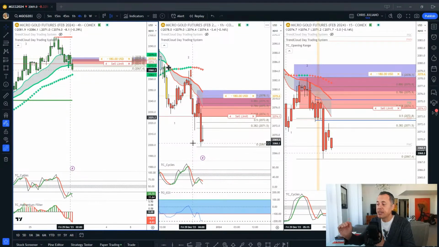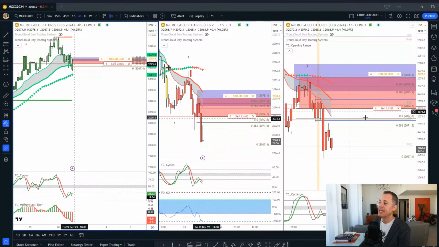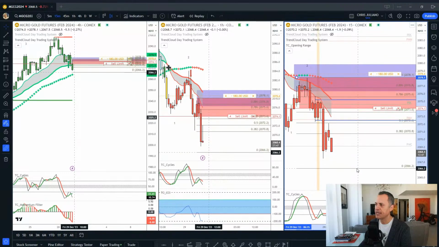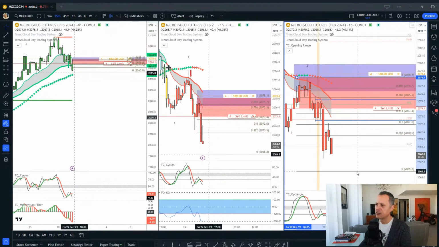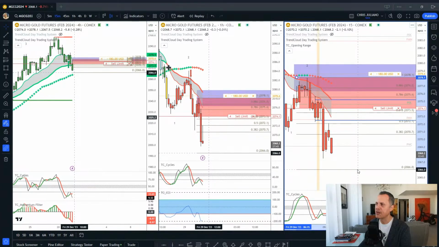If in fact this does come back, we're forming some inside candles here. If we break lower, we'll just grab our Fibonacci line and pull this down lower. But it looks like we're starting to break to the downside here. We never came back up into the, here.